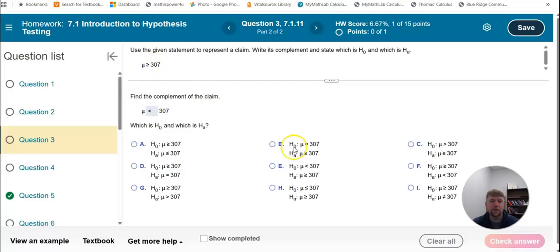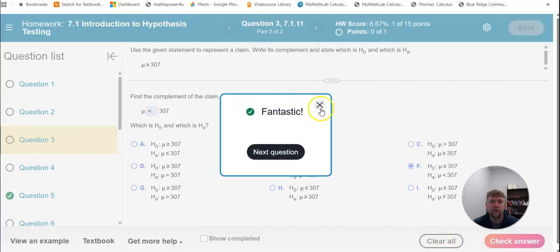So when you're looking at this, null is the one with the little 0 below it, and the A is the alternate hypothesis. So we're looking for one that has strictly less than for HA and greater than or equal to for the H naught, or the null hypothesis. So strictly less than in the alternate, greater than or equal to in the null, that's F. So that's our answer of all those choices.